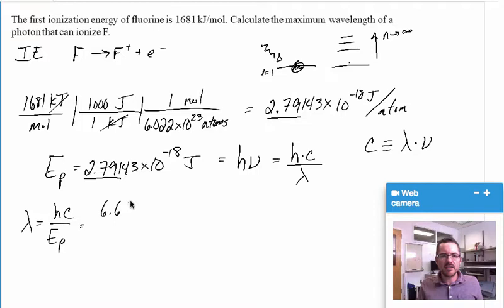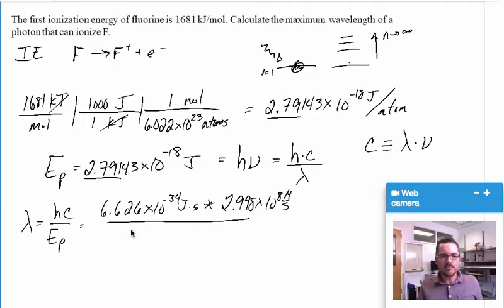So 6.626 times 10 to the negative 34 joule seconds multiplied by the speed of light of 2.998 times 10 to the 8 meters per second. Divide this by my energy of my photon of 2.79143 times 10 to the negative 18 joules. And if you recall, we very rarely keep our wavelength in units of meters.